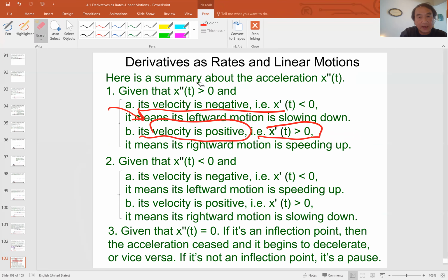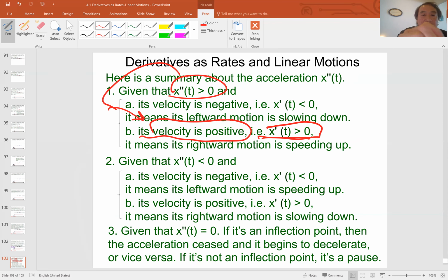Let's talk about second derivative positive and the first derivative also positive. If the object is heading to our right, and the change in the velocity is positive, it's increasing toward the right. So it's pulling the object faster toward the right.